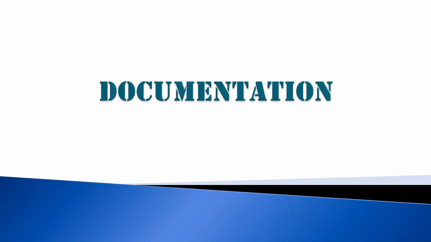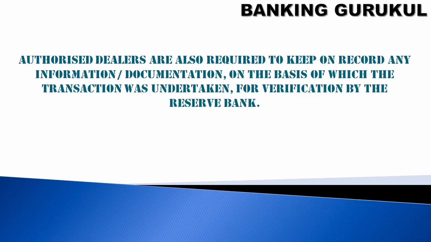Documentation. When you want foreign currency, you have to fill some forms. At the same time, authorized dealers have to store the forms for audit purposes and accounting purposes. Authorized dealers are also required to keep on record any information or documentation on the basis of which the transaction was undertaken, for verification by the Reserve Bank of India.